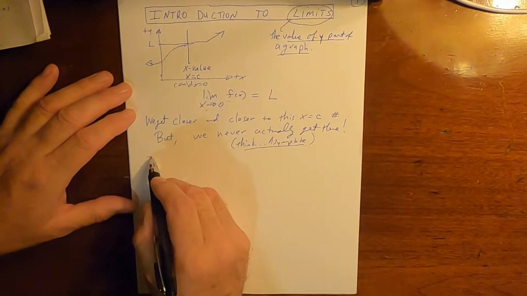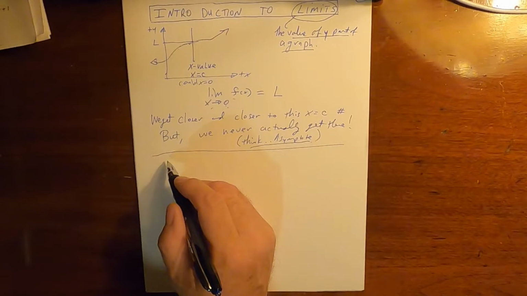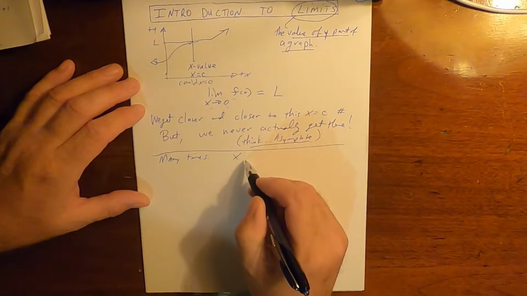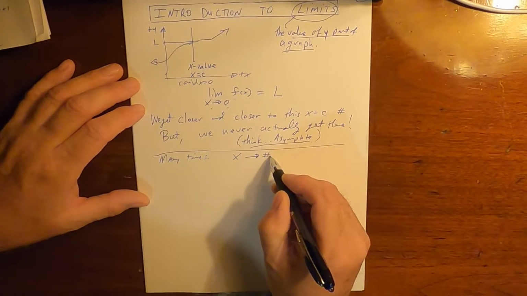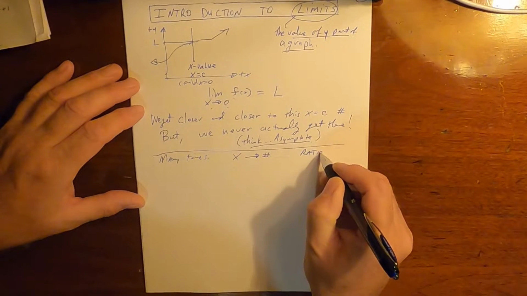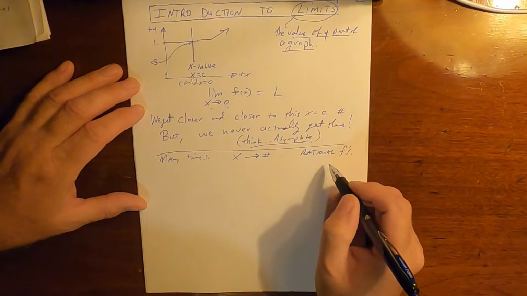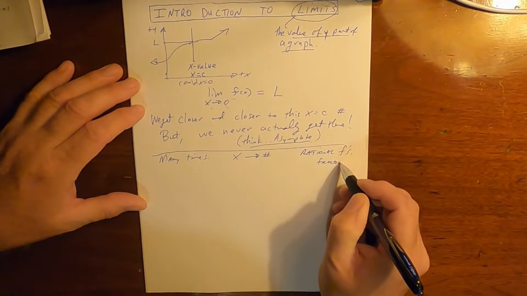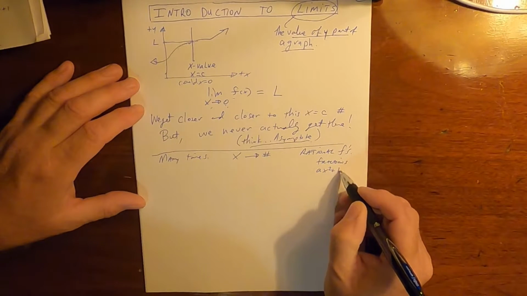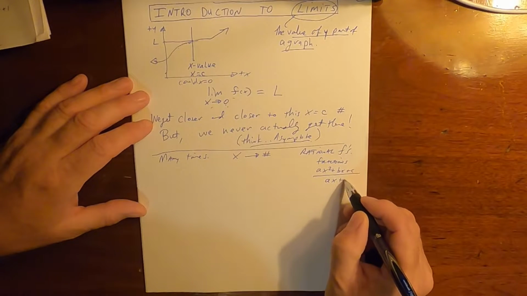And so when we're dealing with this, right away we're going to run into this situation where many times we're going to see, as x approaches some number, rational functions, which would be something like fractions, where you have ax squared plus bx plus c over ax plus b or what have you.